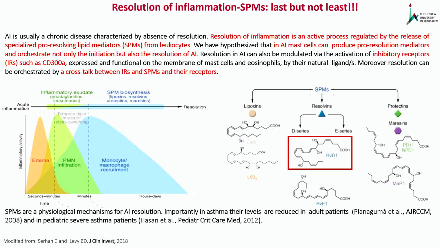Our hypothesis was not only that you have a deficiency of these pro-resolving lipid mediators in asthma, but that maybe mast cells are pleiotropic. Maybe mast cells at a given point don't succeed enough to resolve the inflammation they started, and there's a crosstalk between CD300A and lipid mediators.